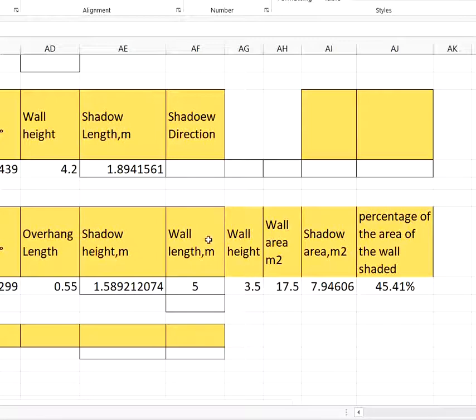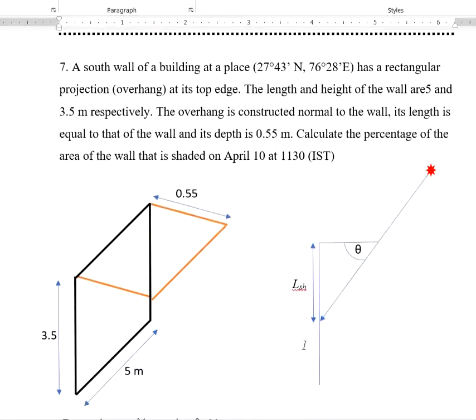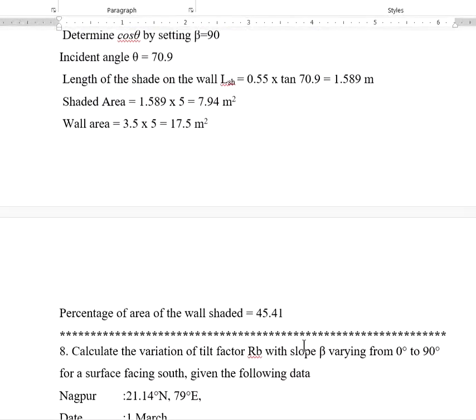Okay, so wall length is 5, wall height is 3.5. So the wall area is 5 into 3.5, 17.5. Now shadow area is shadow height into this length, so 5 into 1.58, that is 7.94. And the percentage of the area of the wall shaded is 45.41%. So this is the answer. You can independently try these examples.